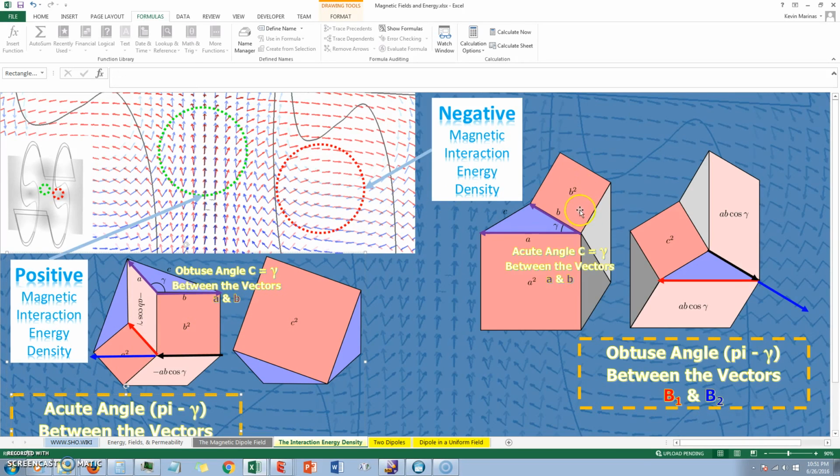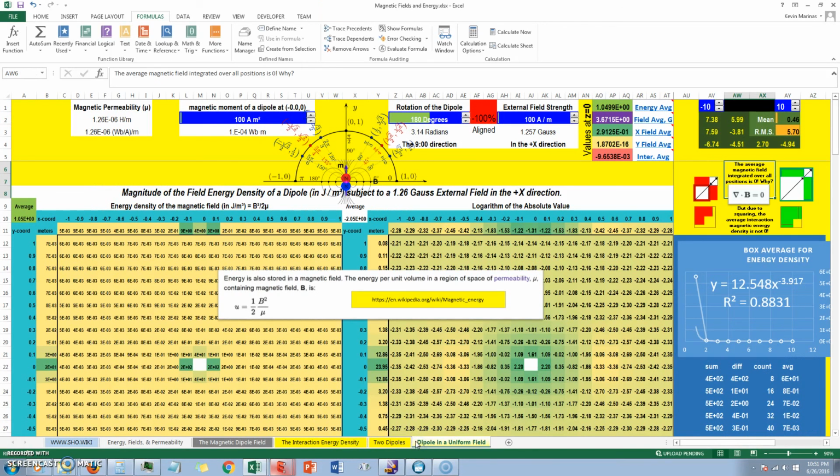And for a negative magnetic interaction energy density, the whole is less than the sum of the parts. And the differences are reflected in these parallelograms. Okay? So at the end of the day, this is basically a calculator to give a sense of what the magnetic energies associated with magnetic fields are.